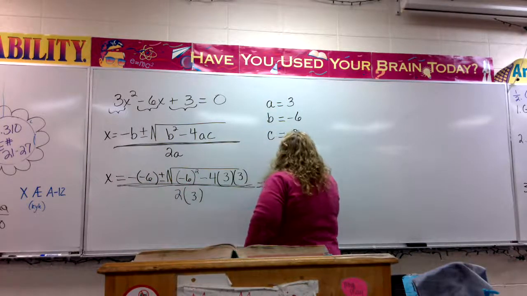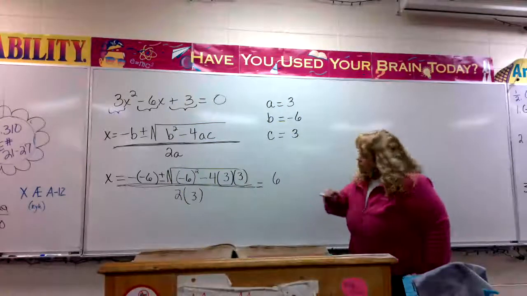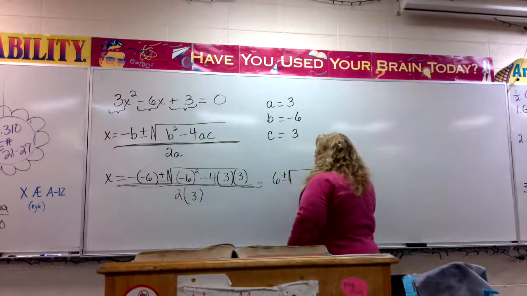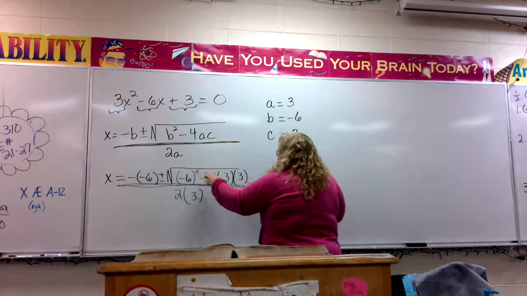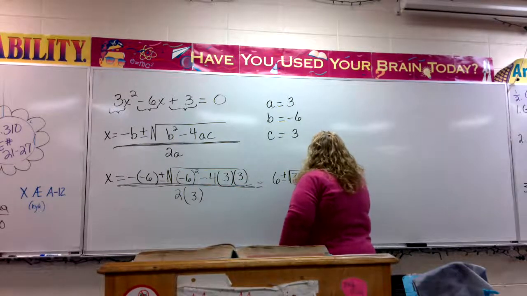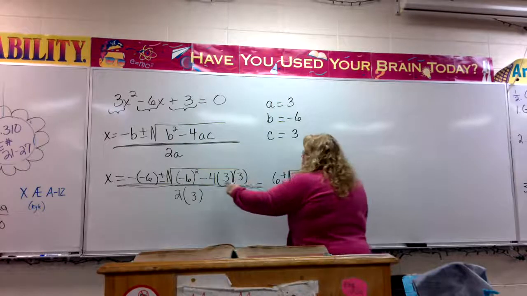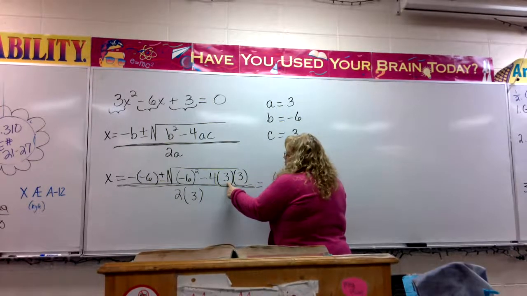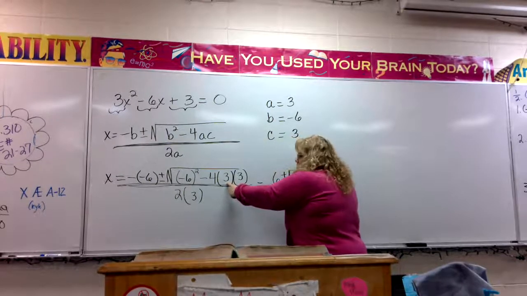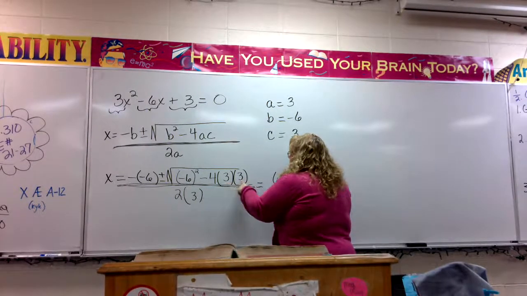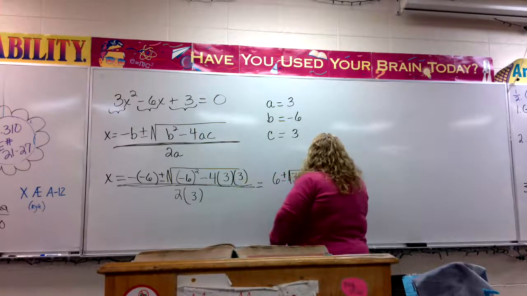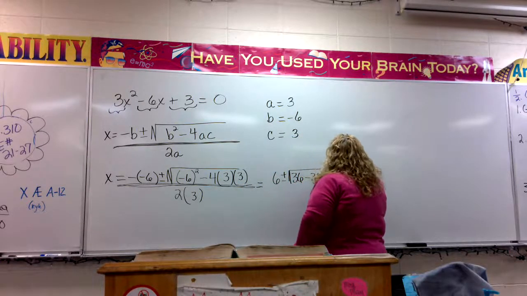+6, plus or minus square root of -6 squared, -4 times 3, -12. -12 times 3. Uh-oh. We got a problem.